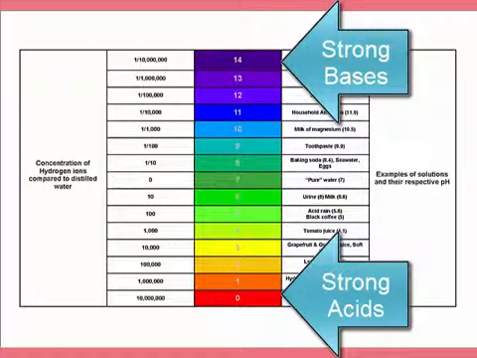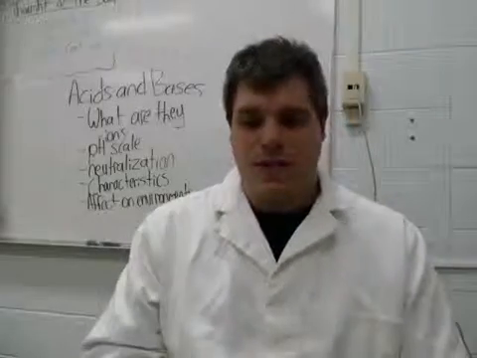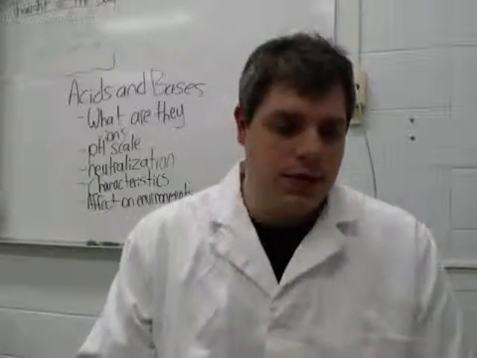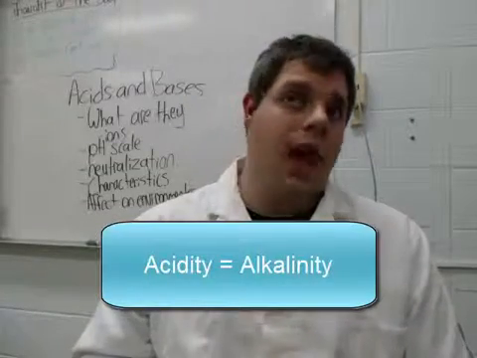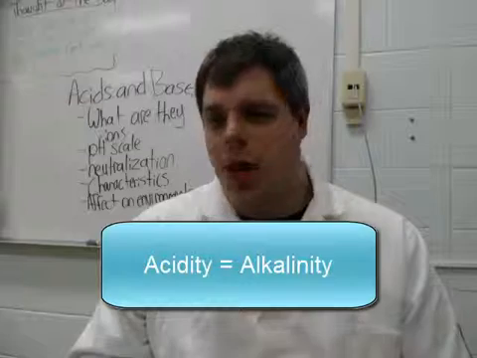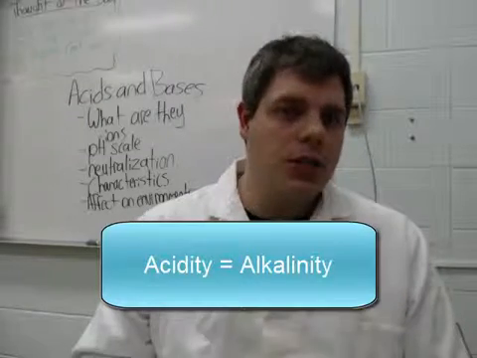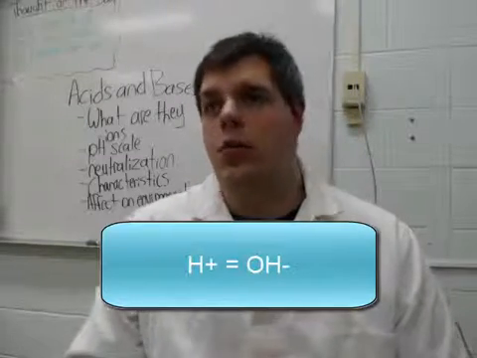When you're looking at numbers like 13, 14, 15, you're looking at chemicals that are strong bases. A pH of 7 is considered neutral because it is in a 1-to-1 ratio of hydrogen ions and hydroxide ions.